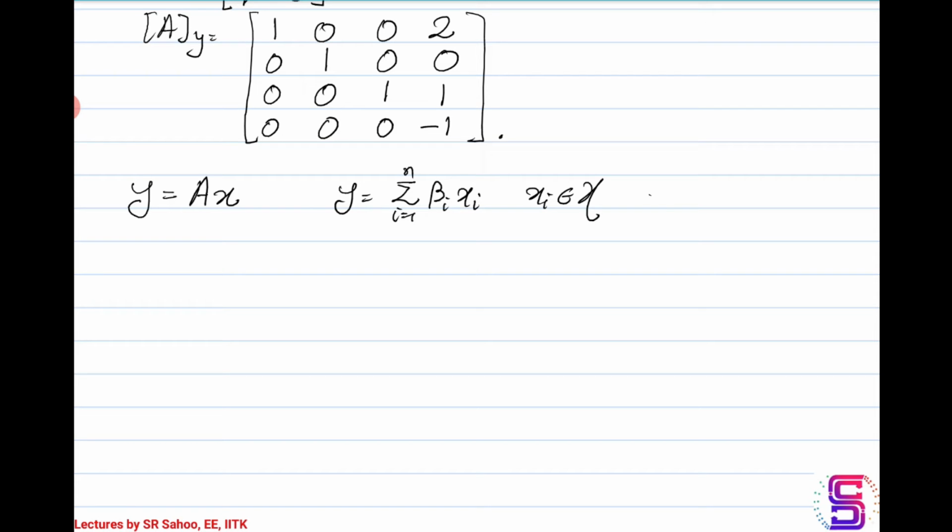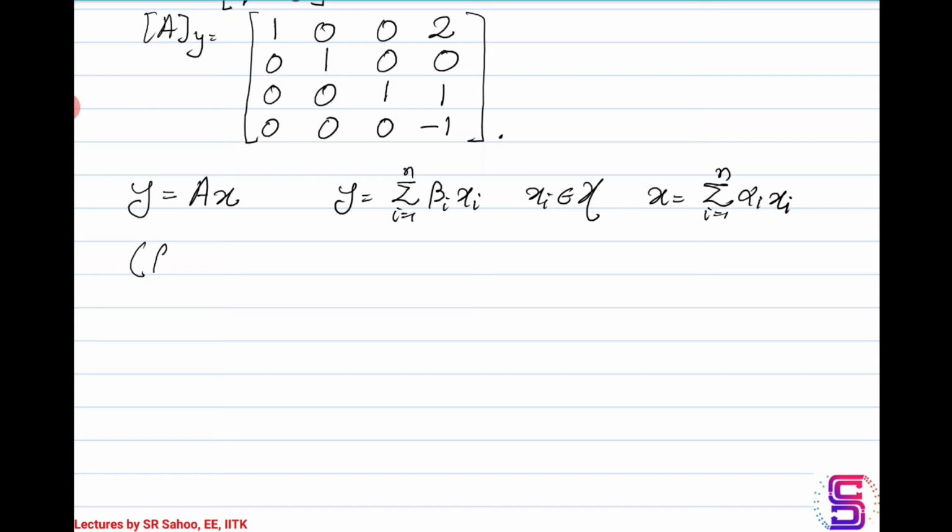Similarly, x also is a linear combination of the basis vectors xi. Now please note here, since the basis forms the coordinate frame for the vector space, the scalars associated in the linear combination are the coordinates.